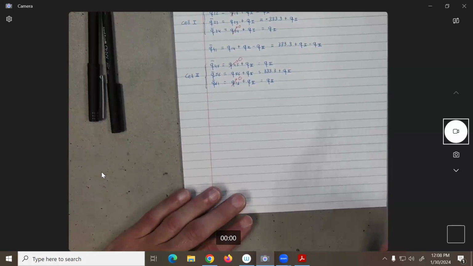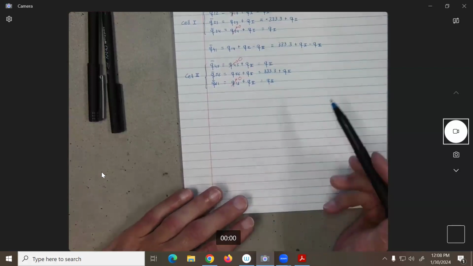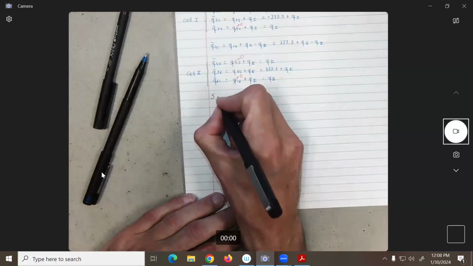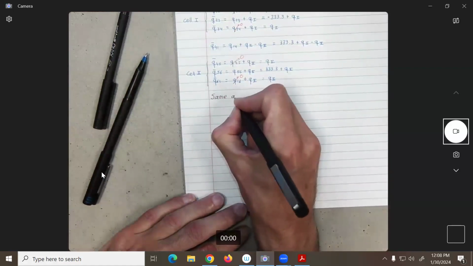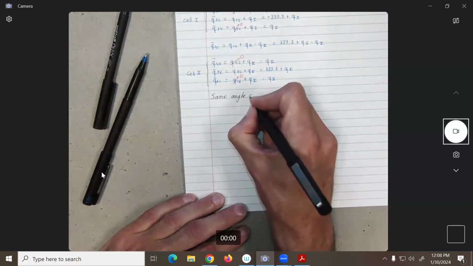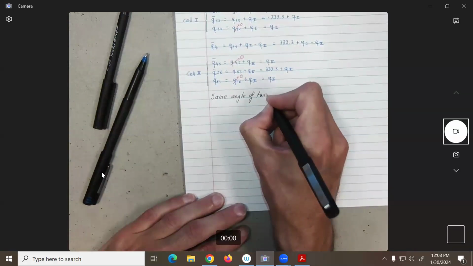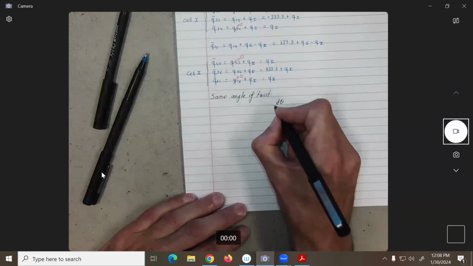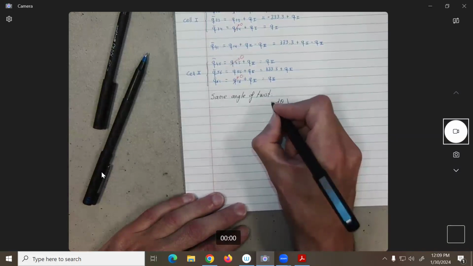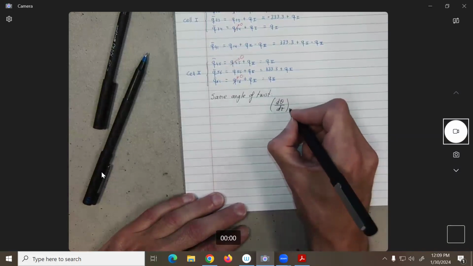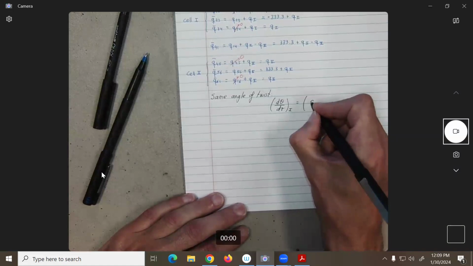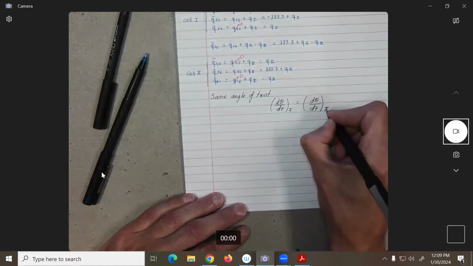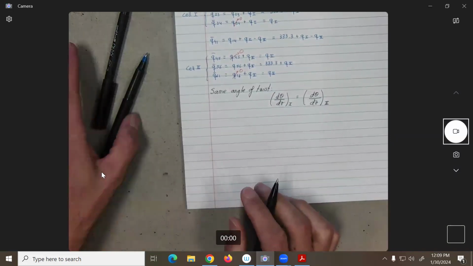But next, what do we say about this assumption? Each cell is producing the same angle of twist. So we're going to say over here, same angle of twist means what? That d theta dz of cell 1 is going to be equal to the d theta dz of the cell 2.